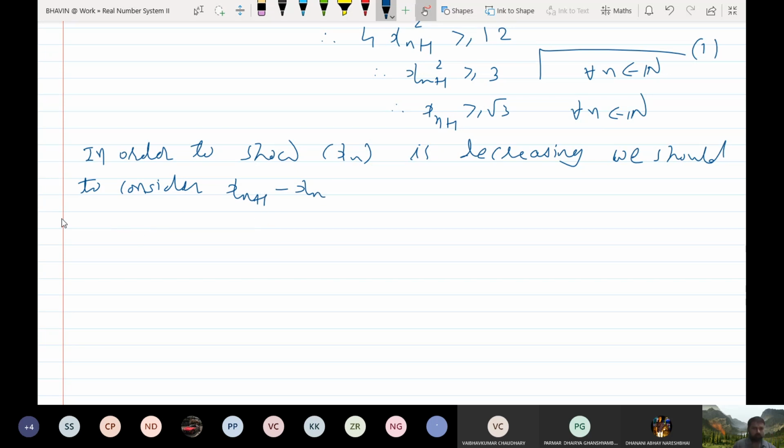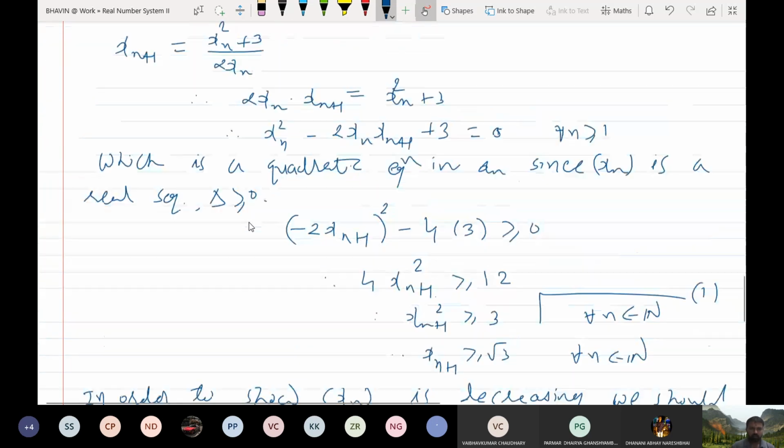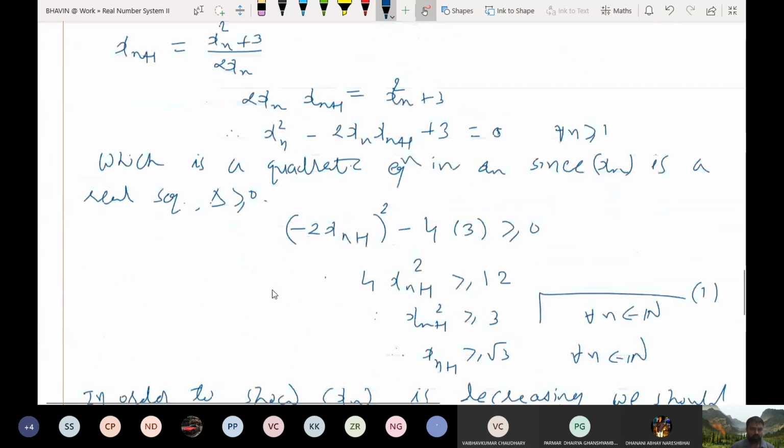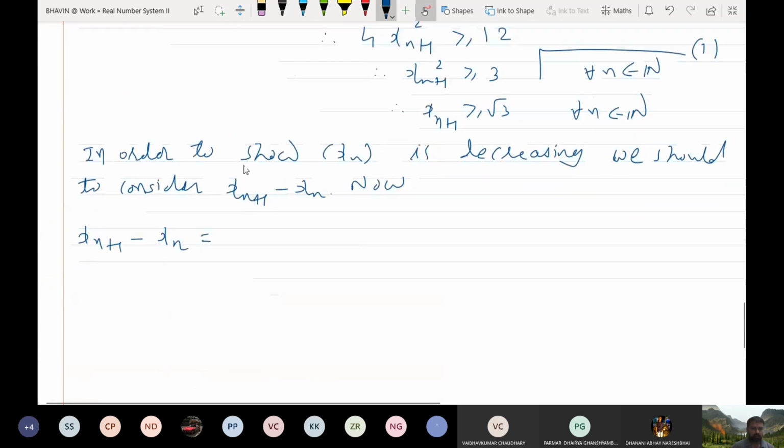Okay, so now let us evaluate this. What is xn plus 1? It is nothing but (xn square plus 3) upon 2xn, isn't it?